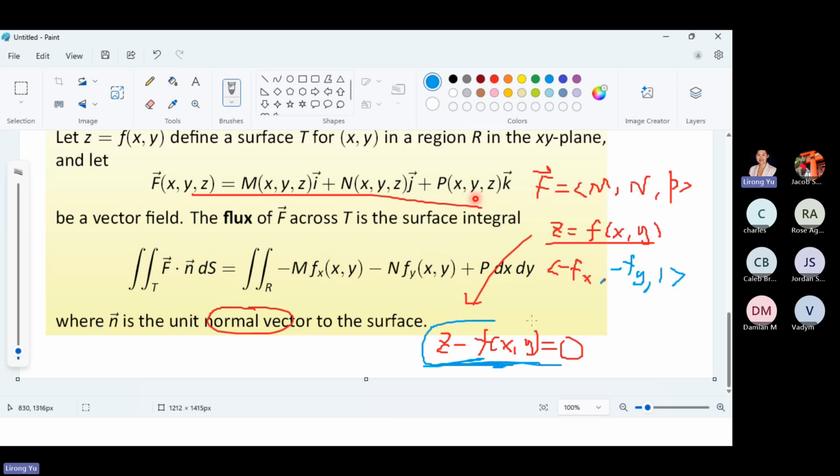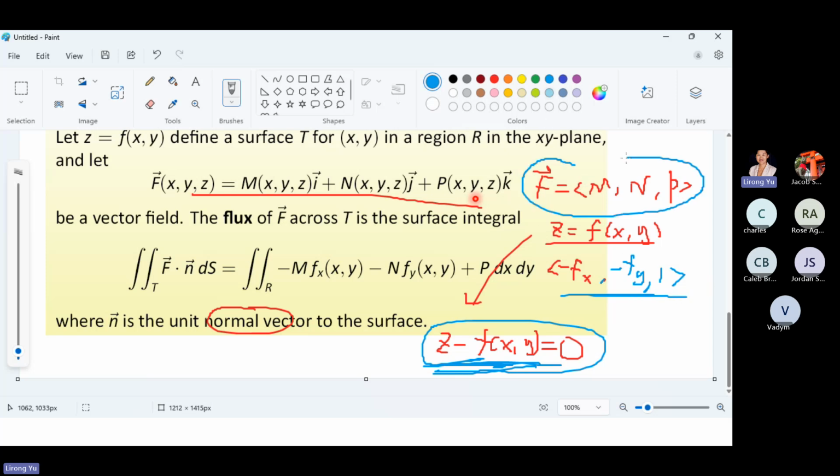So that will be the normal vector for the surface: you take the left side of this equation and find this gradient vector. That will be the gradient vector. If you calculate the dot product between this vector and this vector, you'll find this. So essentially this F dot n is the direction of the vector field dot product the perpendicular direction of your surface.